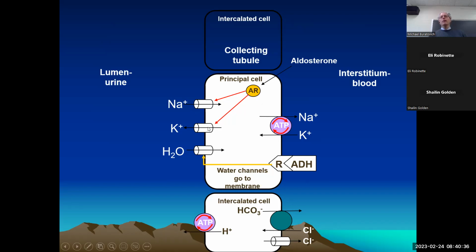These two channels, the genes for them, are expressed in response to aldosterone. Aldosterone binds the aldosterone receptor. That activates transcription of these channels, and you recapture more sodium and get rid of more potassium in the filtrate. That's in the principal cells of the collecting tubule and the late DCT.